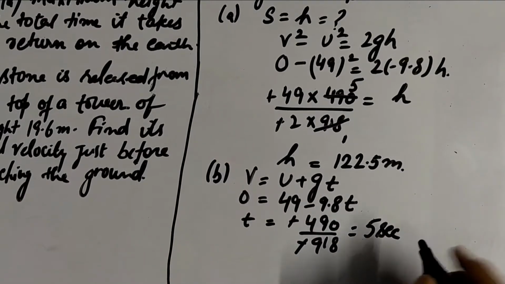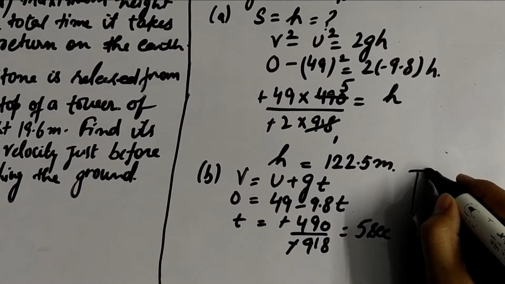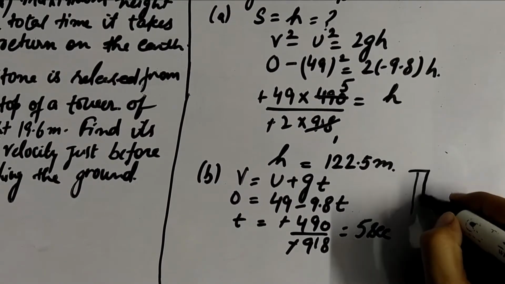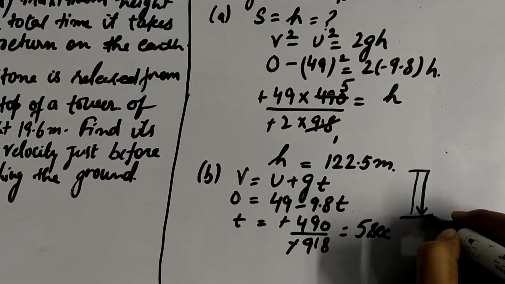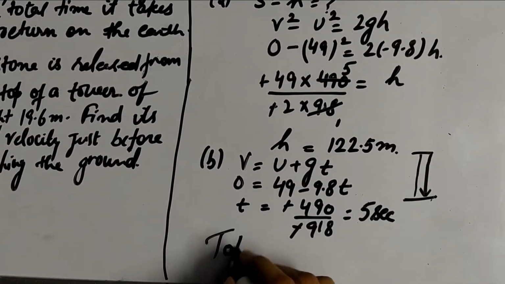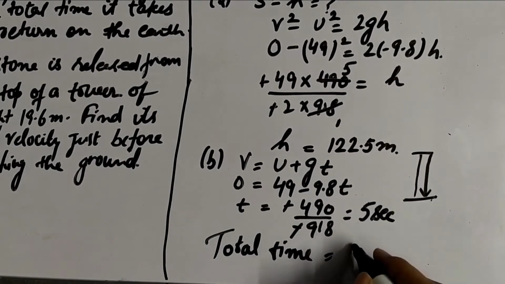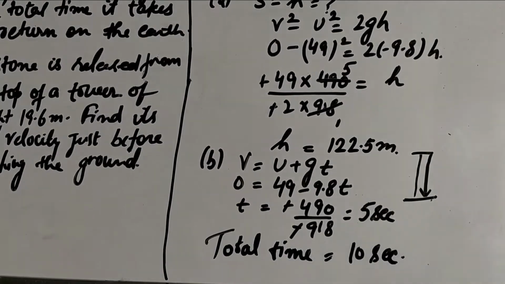This is the time of ascent, when it goes upward and reaches maximum height, and the same time it will take to come back to the surface of earth. So total time would be 5 second plus 5 second, which is 10 second.